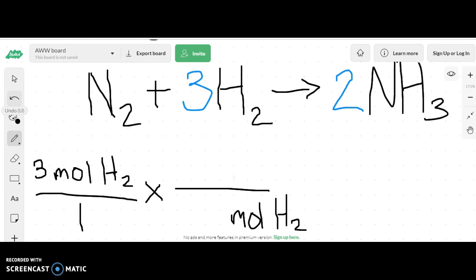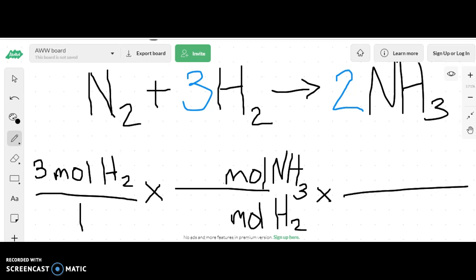So we put moles of ammonia on the top. Then that cancels out the moles of hydrogen. And then what we want to multiply by is moles of ammonia on the bottom, and on the top, atoms of ammonia.